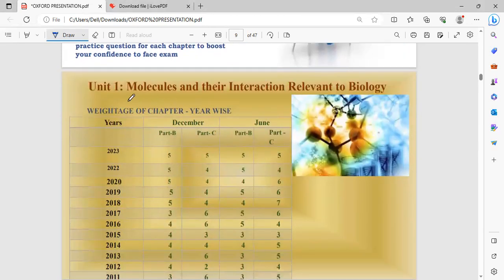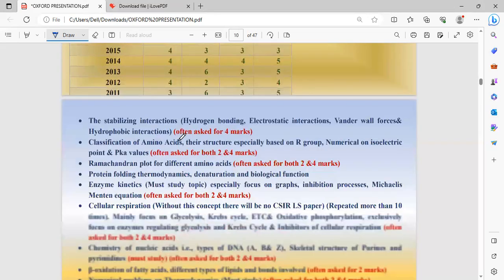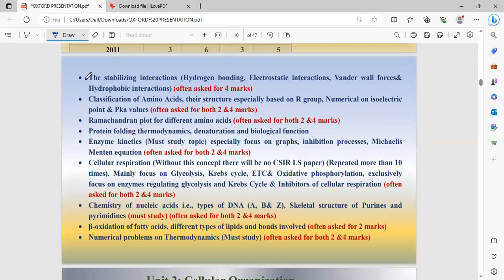First, coming to unit 1, that is the molecules and their interaction relevant to biology. Otherwise, we can simply call it biochemistry. These are the important topics we study in biochemistry. First of all, we study the chemistry of biomolecules and also their metabolism.